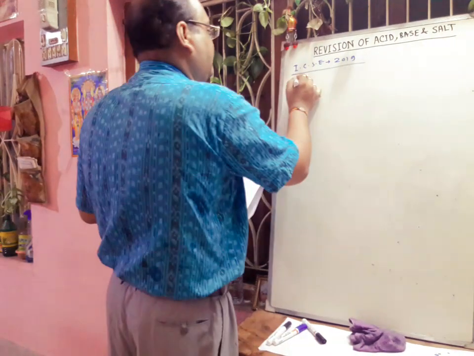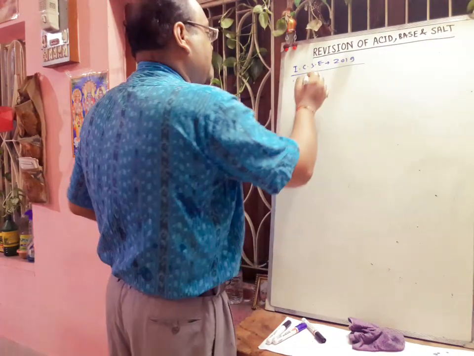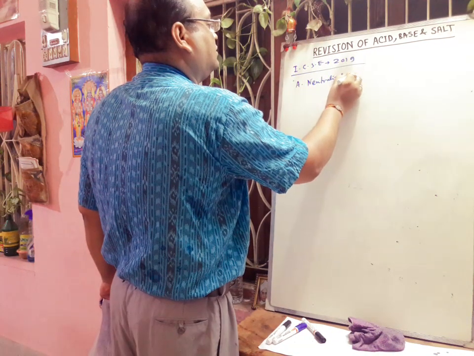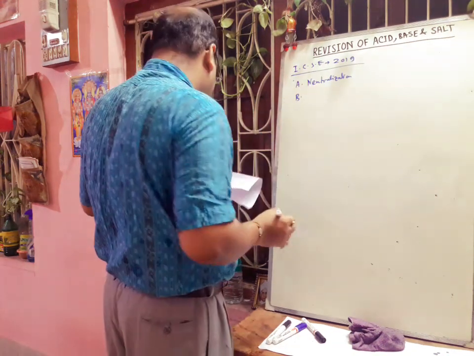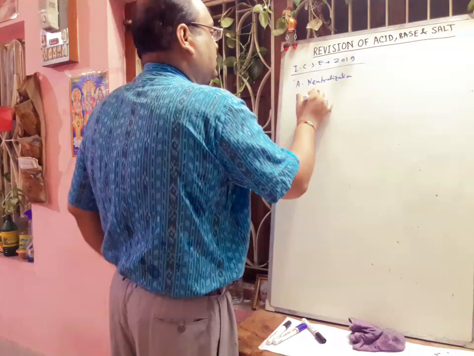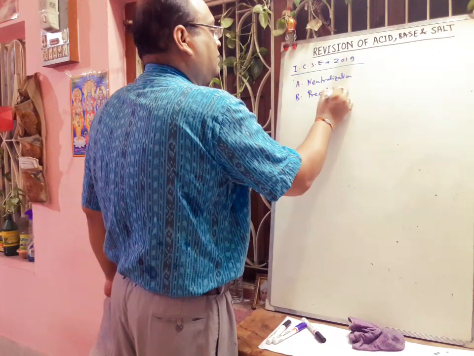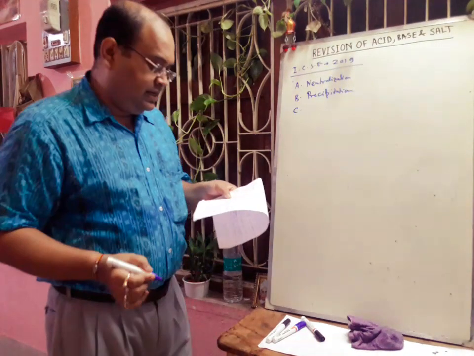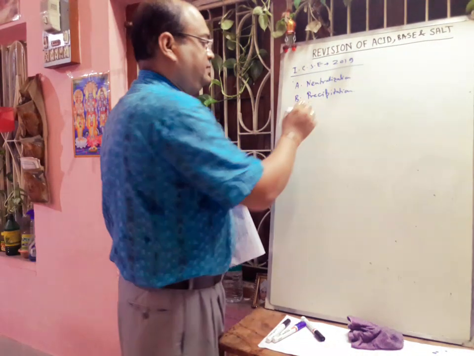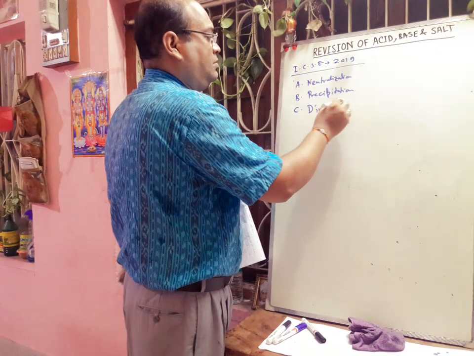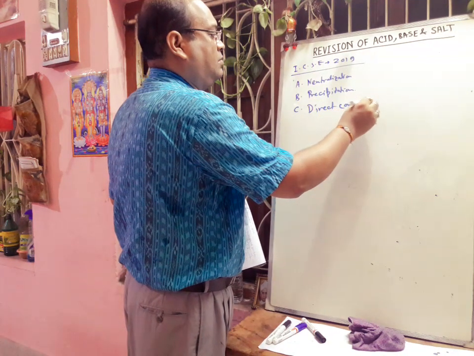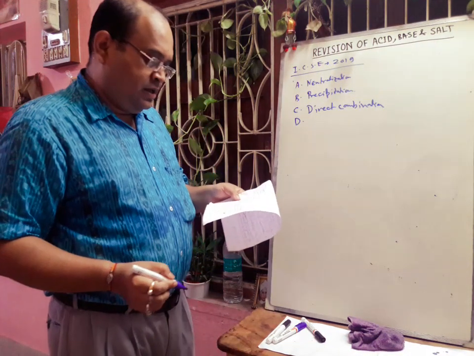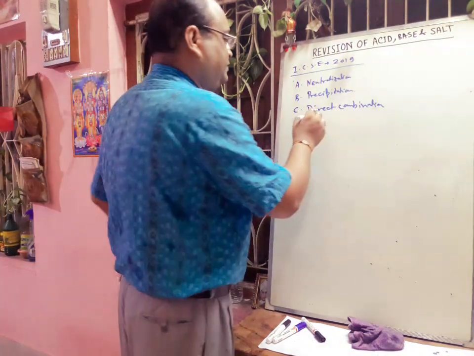So the first is the methods. A, neutralization. Next, option B is precipitation. Option C is direct combination. Option D is substitution.